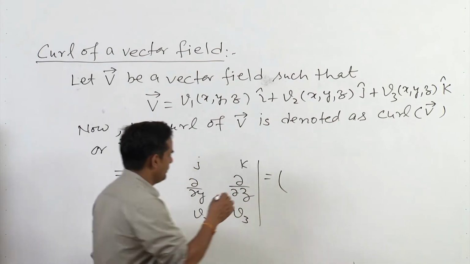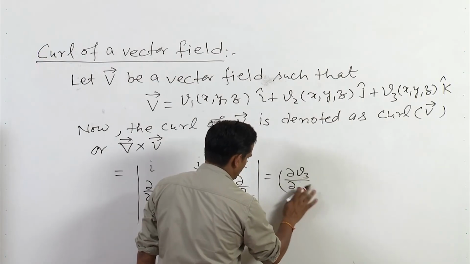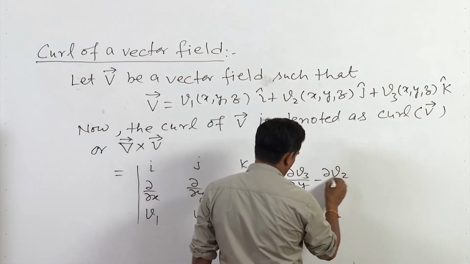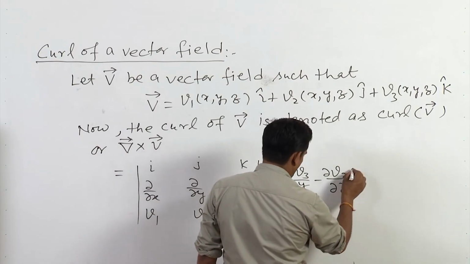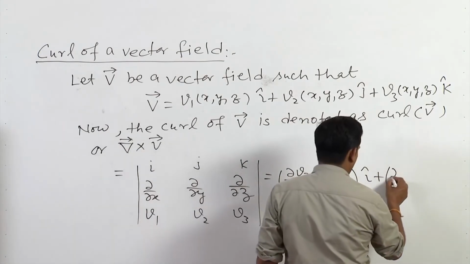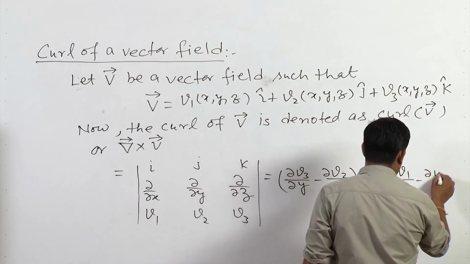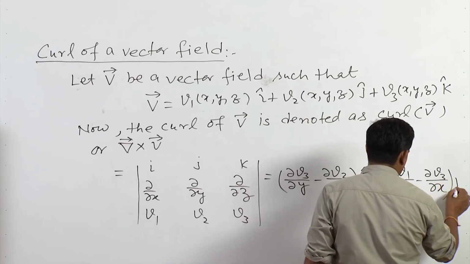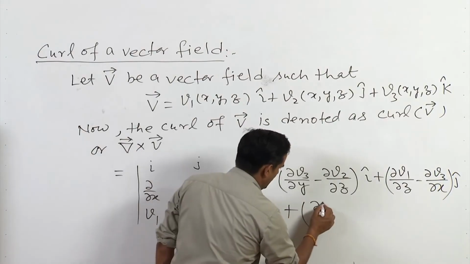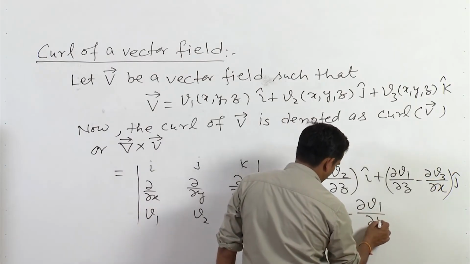So, the i component will become del V3 over del y minus del V2 over del z, plus, now we will calculate the j component, del V1 over del z minus del V3 over del x, plus the k component will be del V2 over del x minus del V1 over del y.